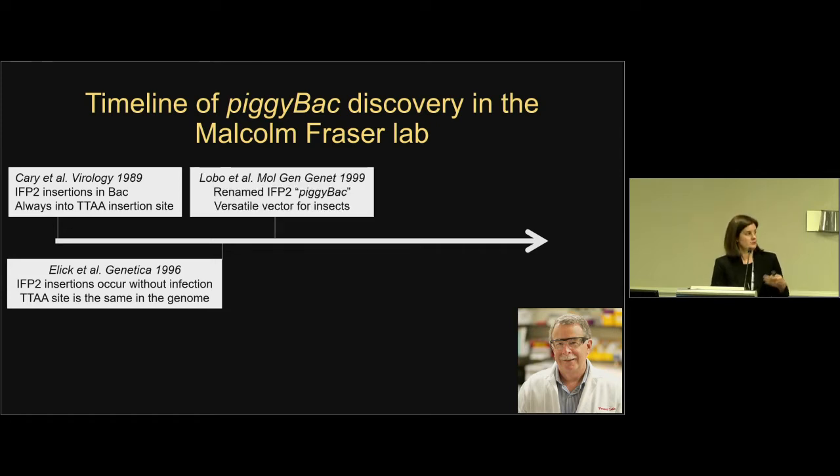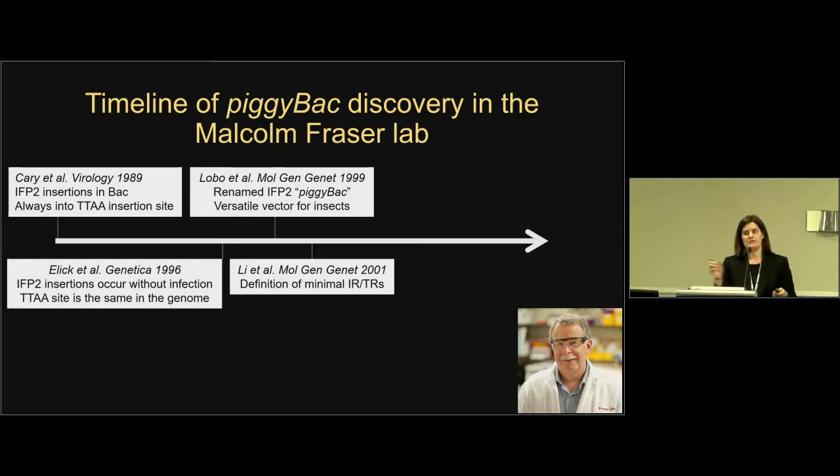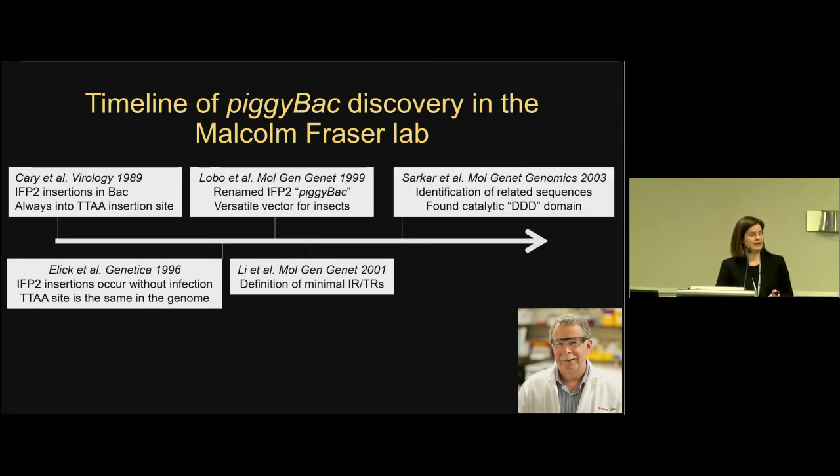They renamed it piggyBac, thank goodness, or we'd be talking about IFP2 right now, and that would get old. Then they defined the minimal inverted terminal repeat sequences, the pieces of DNA that you need to get transposition. And they found the catalytic DDD domain. piggyBac is unique because it has 3 of these. It has a DDD. Most transposases have a DDE.